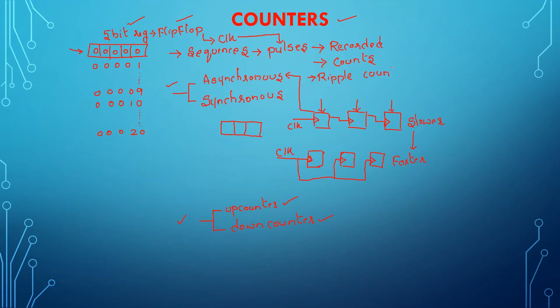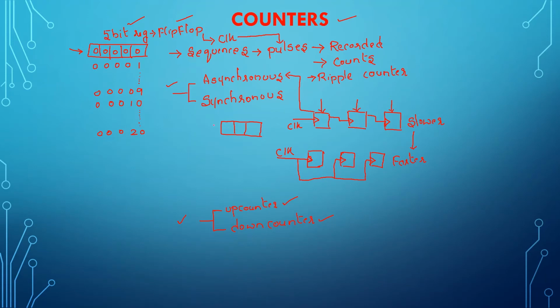Other than this, we have a broad category of classifications for the counters. You can call it a decade counter, a universal counter, or an up-down counter. You can name the counters based on the flip-flops you use to design them. For example, if I say I have a 3-bit counter here, this is a register, and these registers are in turn made up of flip-flops.